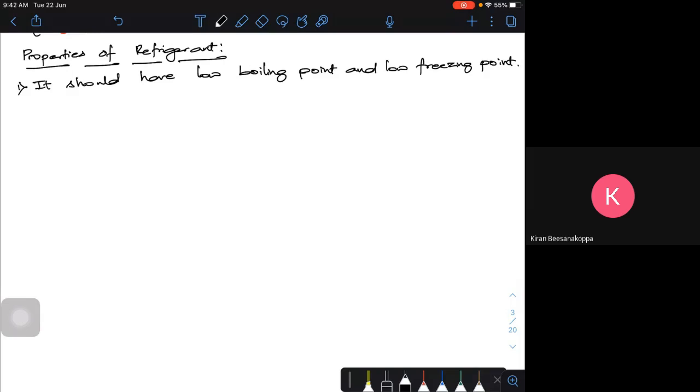So they will have negative temperatures. That means the range of temperature under which this will be working will be very, very low.